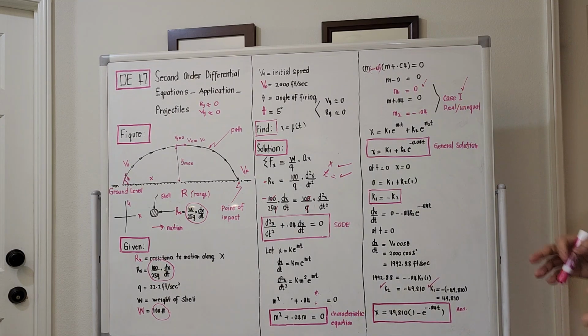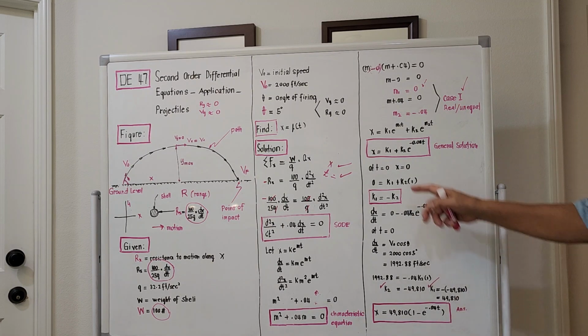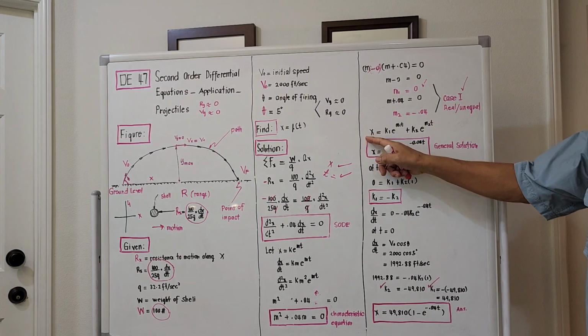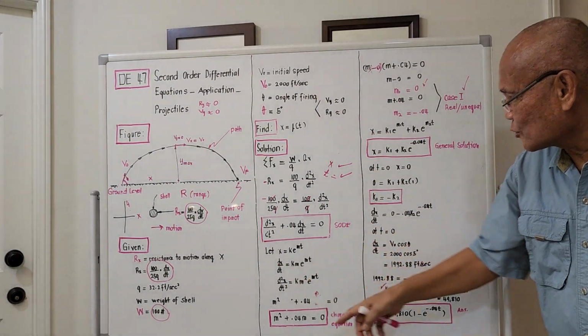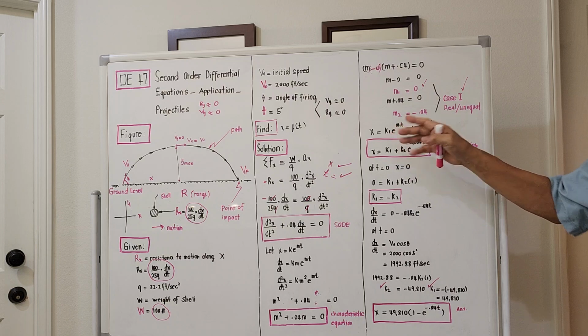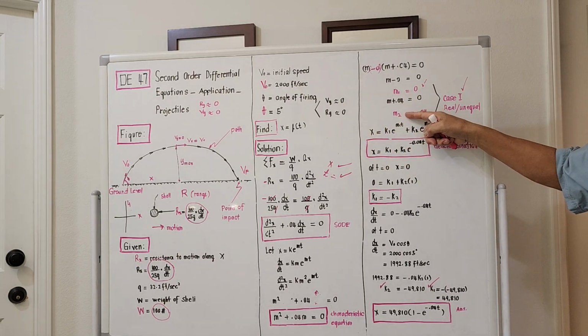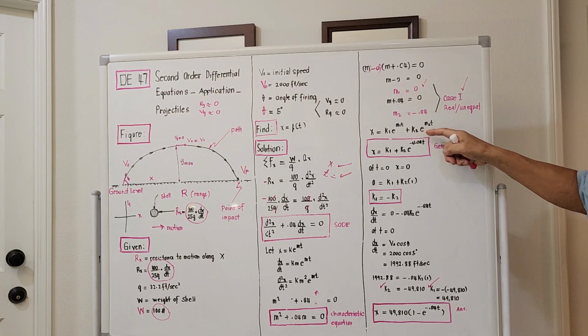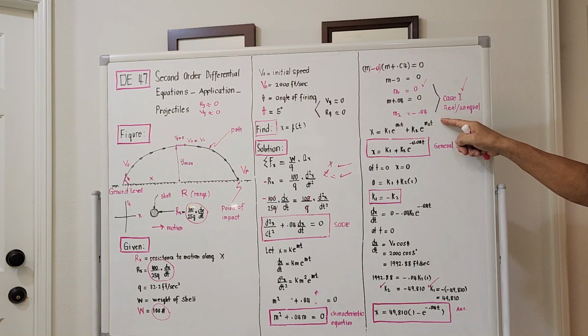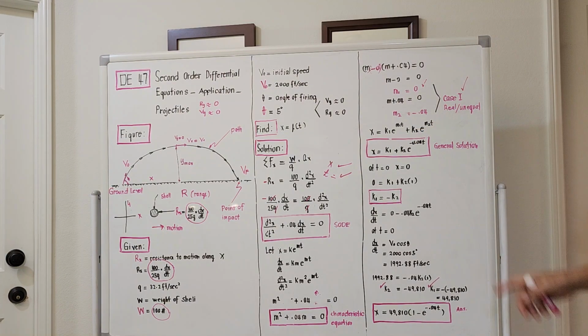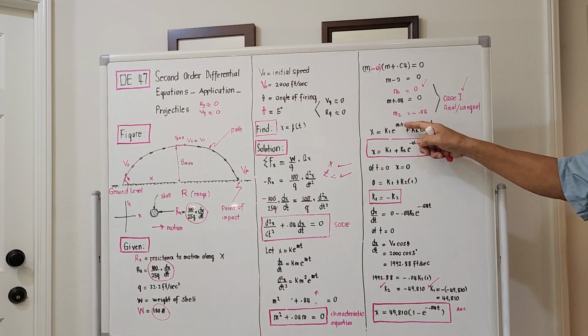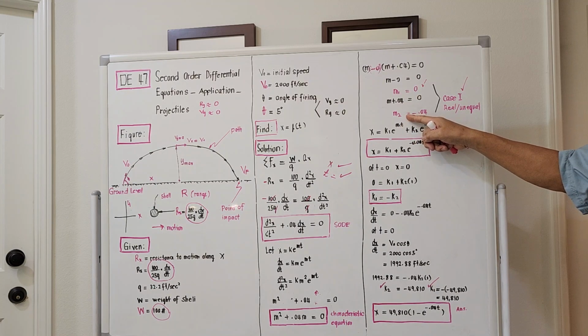So the resulting solution now, this is d squared x over dt squared, the variable should be x. x should be equal to k1 e raised to m1t plus k2 e raised to m2t. But m1 is 0, so 0 times time will be 0, and e to the 0 will be 1.